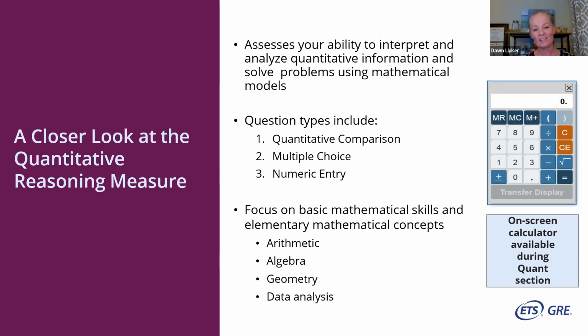So if you look at 1, the quantitative comparison is where you're going to compare data. On number 2, multiple choice, those could be where you select one answer, or multiple choice where you have 1 or more answer choices. Also, you're going to see numeric entry. This is where you have to solve the problem for the correct answer and enter the answer in the appropriate field or fields where it's required.